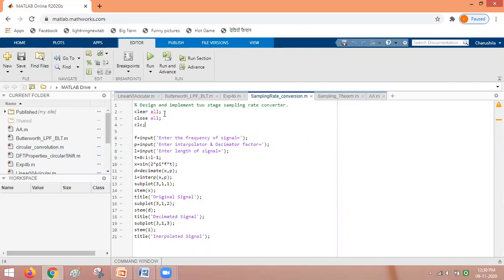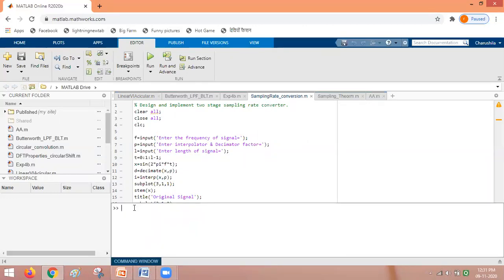Clear all instruction will clear all the parameter values. Close all will close all the figure windows opened. CLC will clear the command prompt. Because of previous execution, if there is any data available on the command prompt, that will be cleared with the help of the CLC instruction.